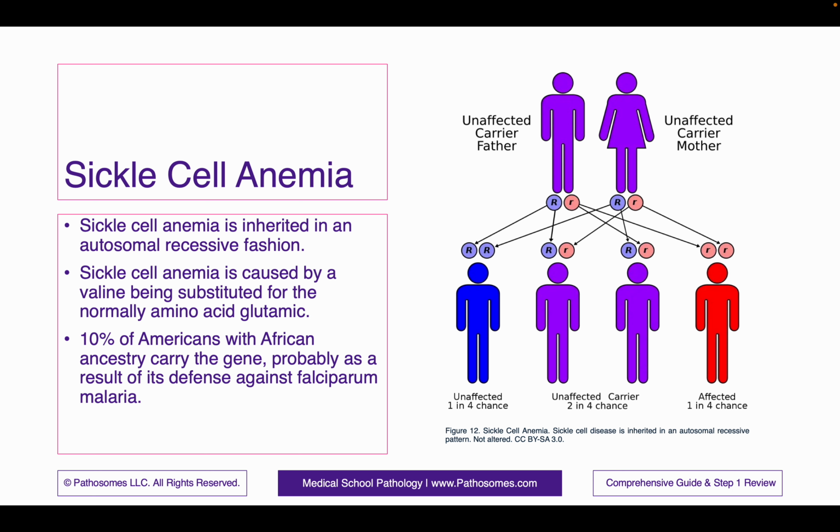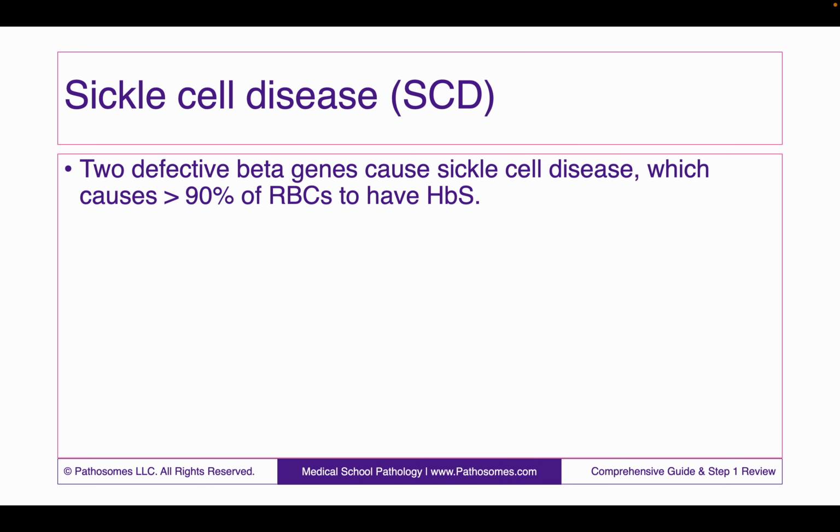Sickle cell anemia is caused by a valine being substituted for the normally occurring amino acid, which is glutamic acid. 10% of Americans with African ancestry carry the gene, probably as a result of its defense against falciparum malaria. Two defective beta genes cause sickle cell disease, which causes greater than 90% of RBCs to have hemoglobin S.